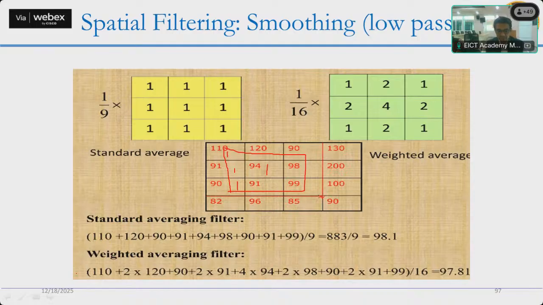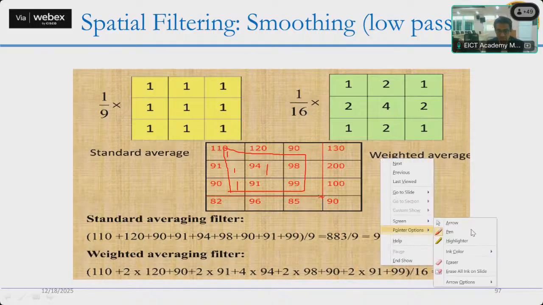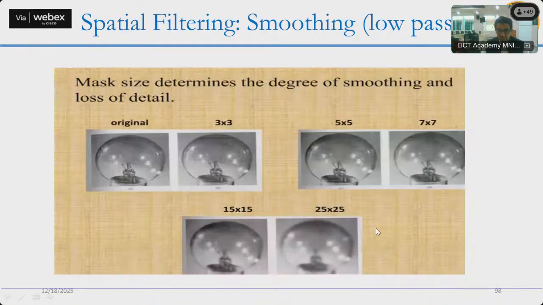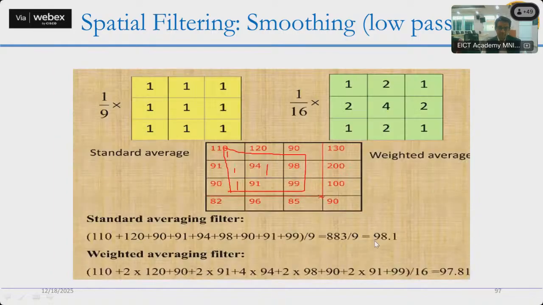So this is what we are getting. In the standard average filter, instead of 94, we are getting 98.1, and in the weighted average filter, we are getting the value 97.8. So this is the way the different masks impact the pixel values of the original image.